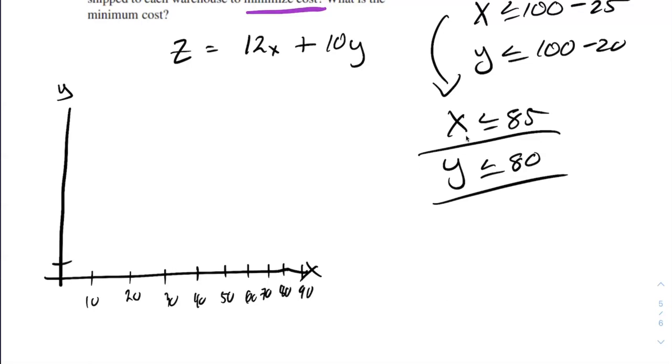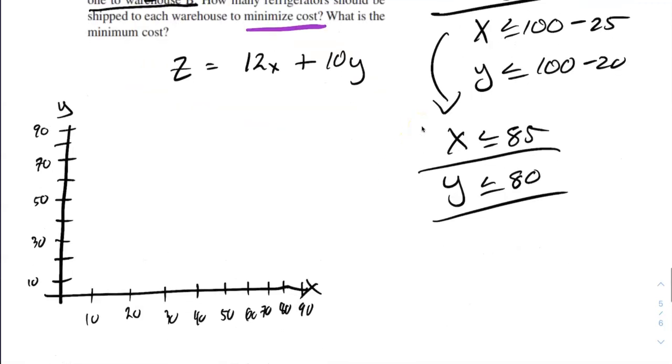Same thing up here, 10, 20, 30, 40, 50, 60, 70, 80, 90. Okay, now we've got to graph all the constraints.